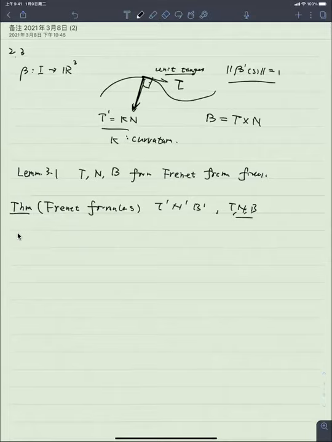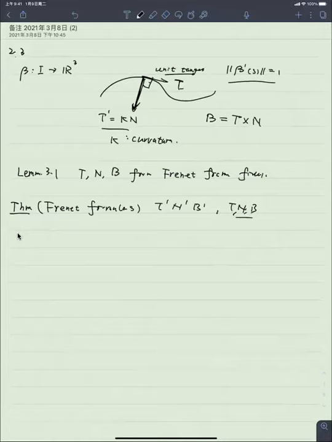So this is a linear combination formed by T, N, and B, and the relationship between the differentiation and itself.